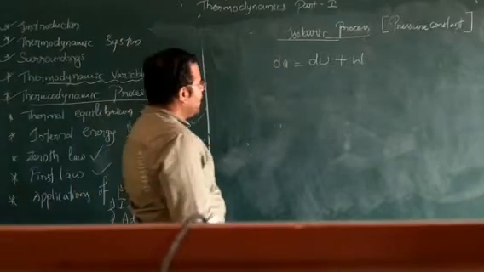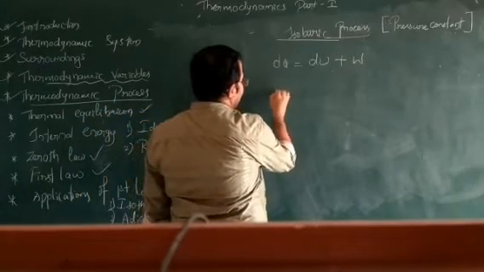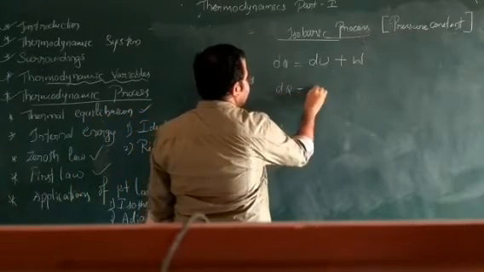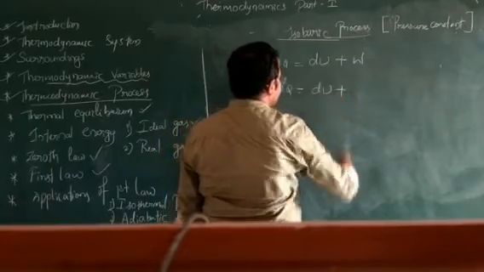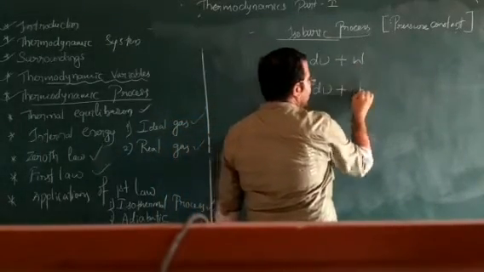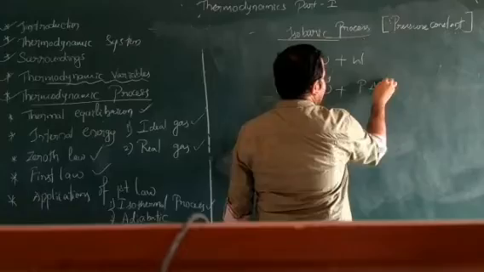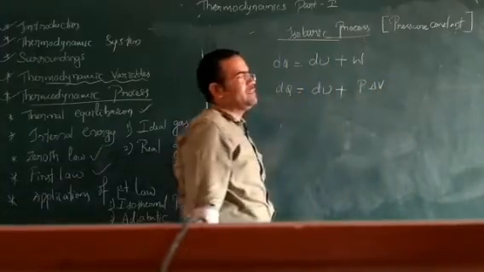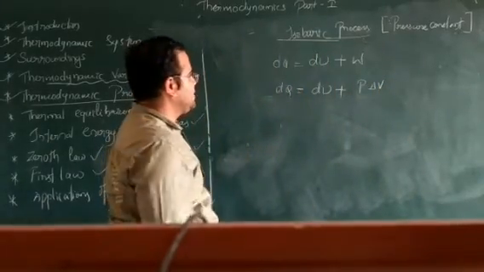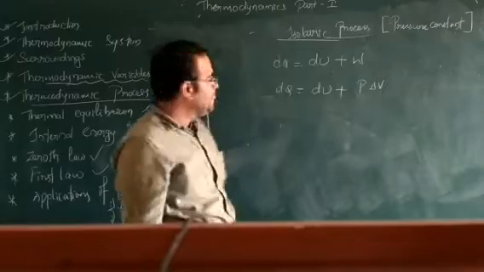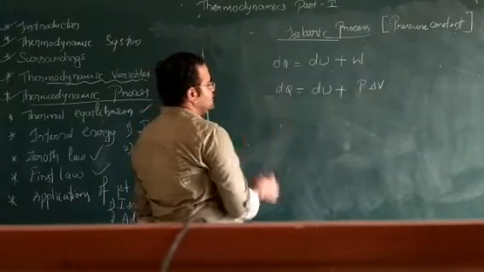In that, dq is equal to du plus work done, which can be taken as a change in volume with respect to a certain pressure, so you write P into delta V. Pressure is kept constant.